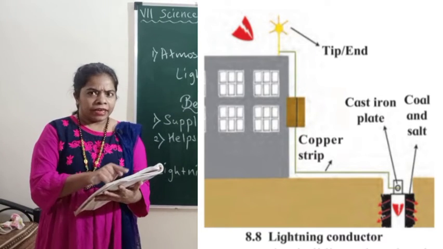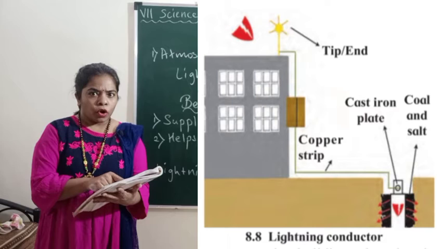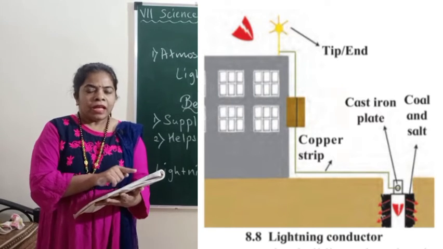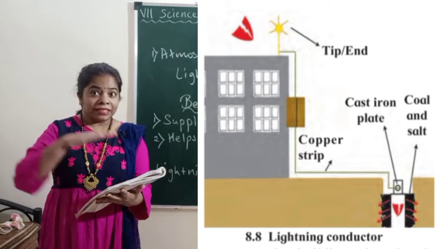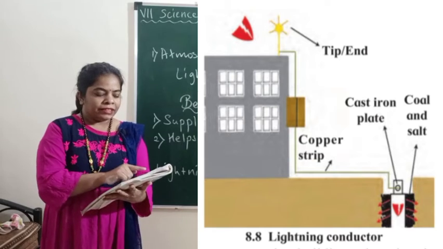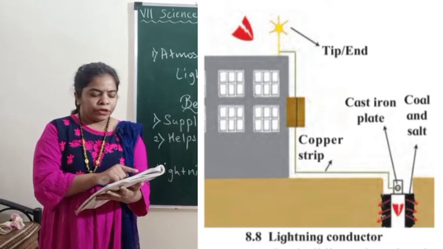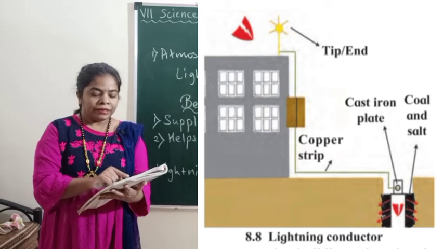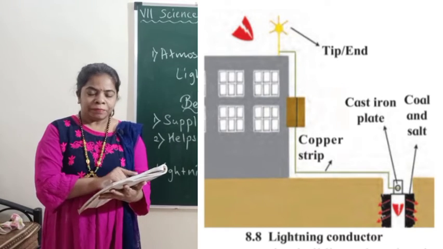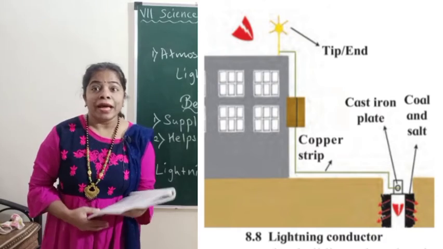A pit is dug in the ground. Coal and salt are filled into the pit, and the iron plate is placed upright in the pit. There is also a provision for pouring water into it. This helps to spread the electric charge quickly into the ground and prevent damage.